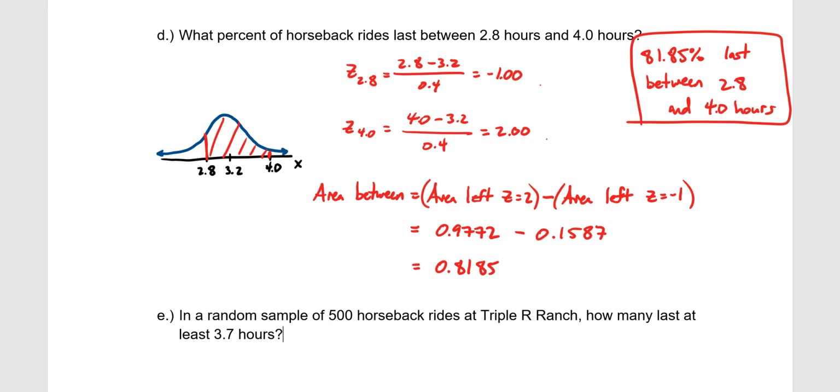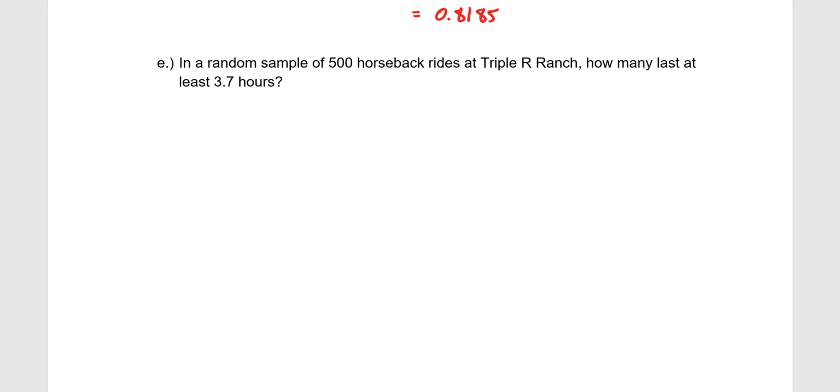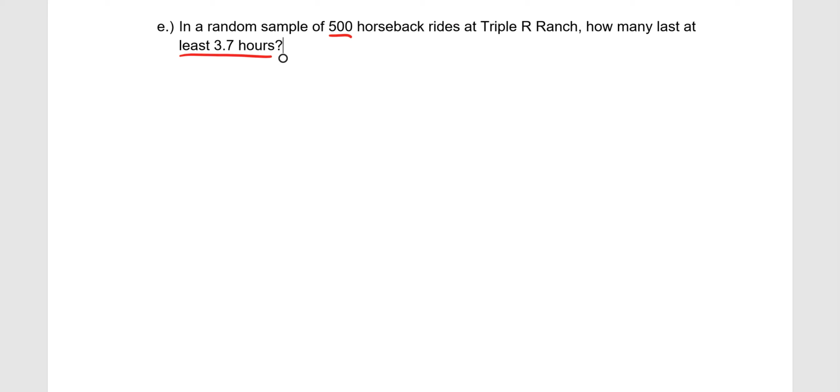Okay, one more here. So in a random sample of 500 horse rides, we determined in part C that 10.56% last at least 3.7 hours. So that means 10.56% of 500 is going to be our answer.